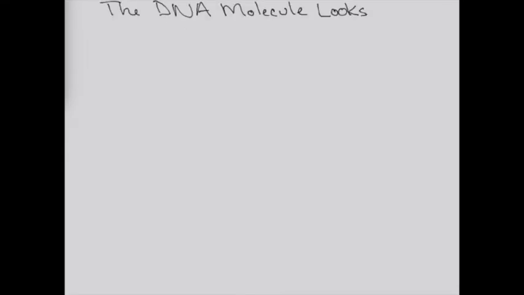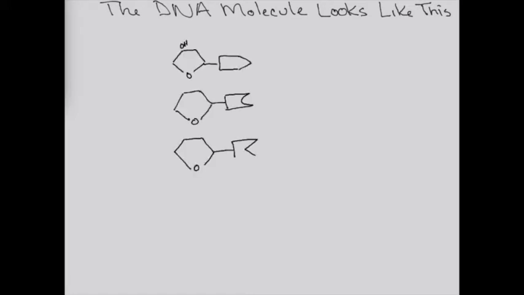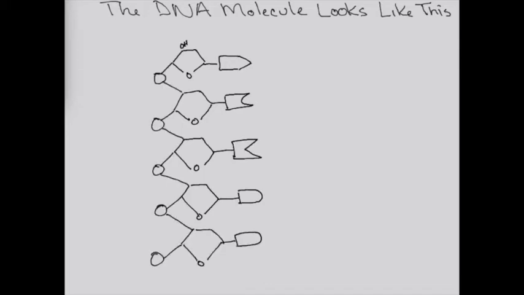I'm not going to ever ask you to write it this way or draw it this way, but you can if you want to. Here we have one side of DNA. This is a nucleotide. There is a base, there is a sugar, and there is a phosphate. That's what a nucleotide is.